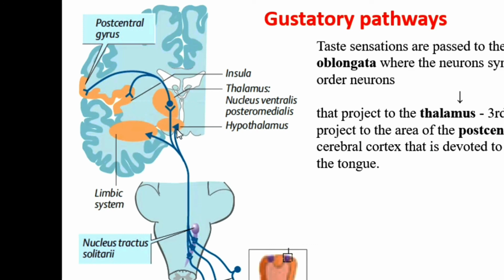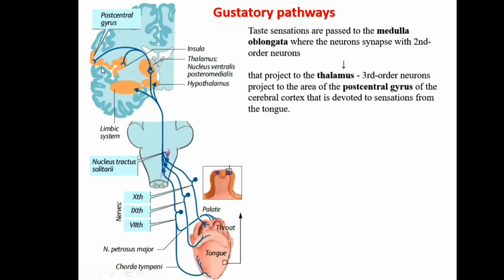In the limbic system, hypothalamus, and thalamus, they will have some branches, and finally it will go to the postcentral gyrus and also the insula. In the cortex, in the postcentral gyrus and in the insula, it is the conscious part, the part which analyzes.